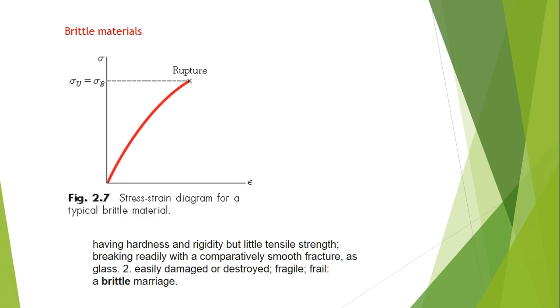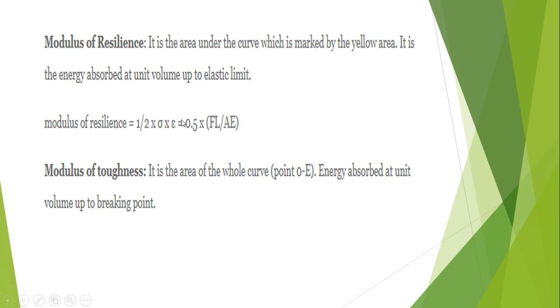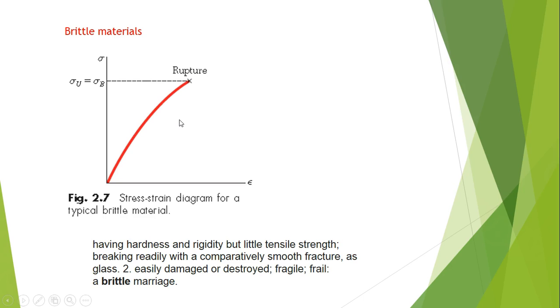What about brittle materials? Brittle materials will reach rupture very quickly as compared to other similar samples. If you are testing two samples, one brittle and the other ductile, we'll find out that for the brittle material the rupture arrives at a very early amount of stress.